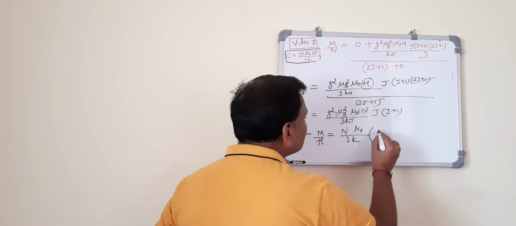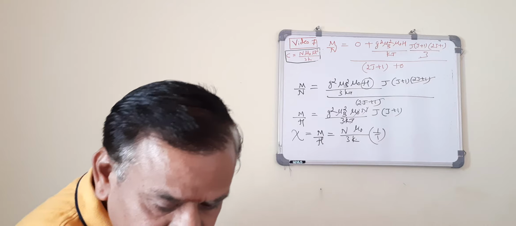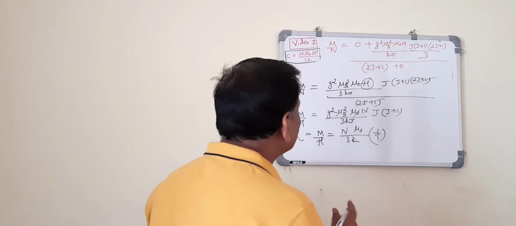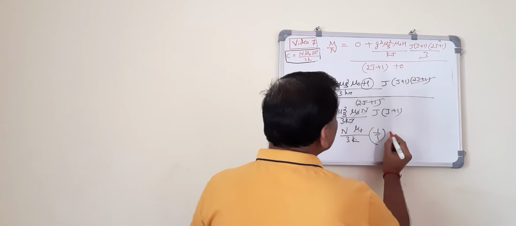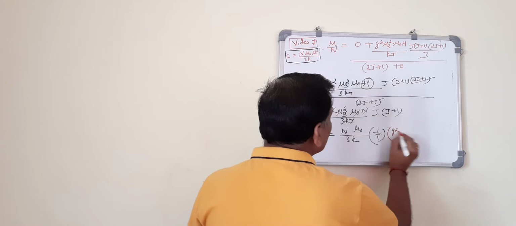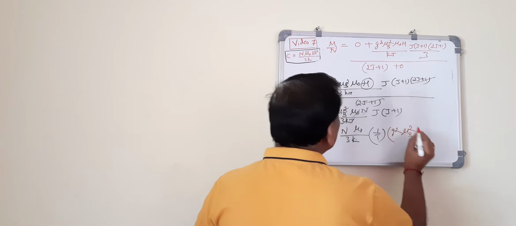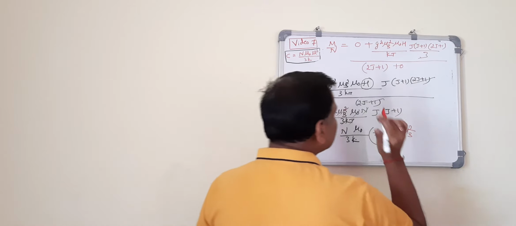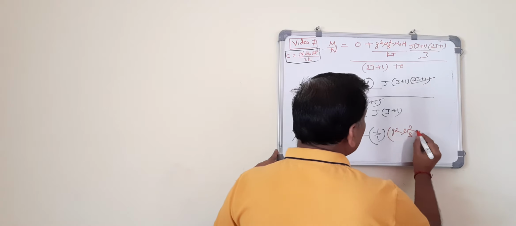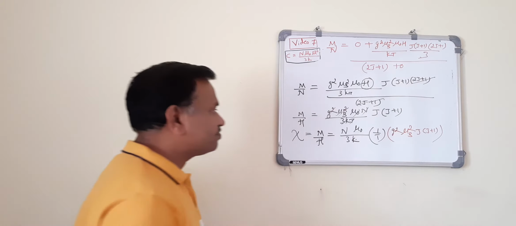Next, 1 by T I am writing. What are the terms left here? G square is left, I am writing here. This mu B square is left. Next, this J into J plus 1 term is left.